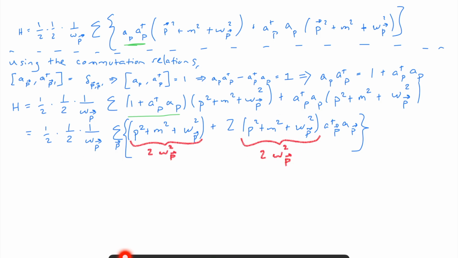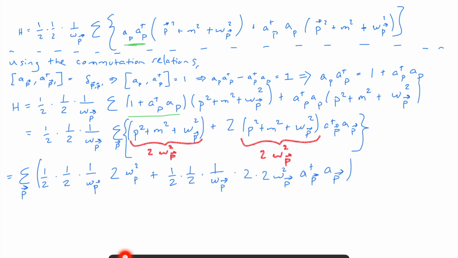Now just remember again that we talked about omega p squared equals p squared plus m squared. So if you just expand that out, you have 2 times p squared plus m squared, or just 2 omega p squared, because this whole thing equals this. That's the definition of omega p. And the same thing applies here. So this becomes 2 omega p squared, 2 omega p squared.